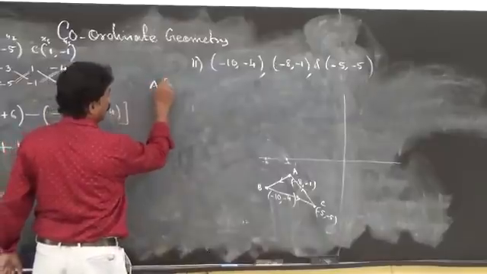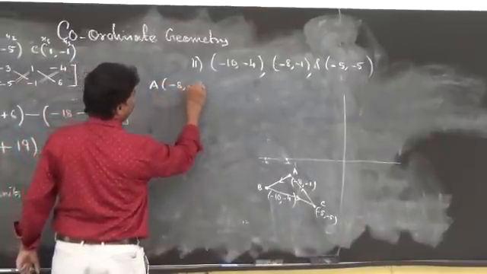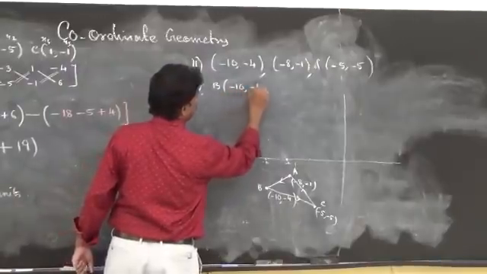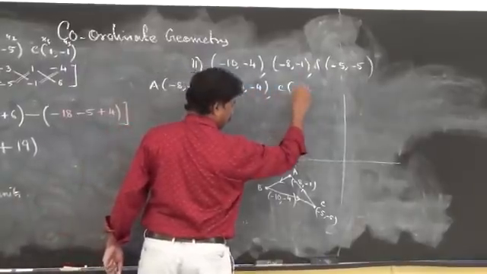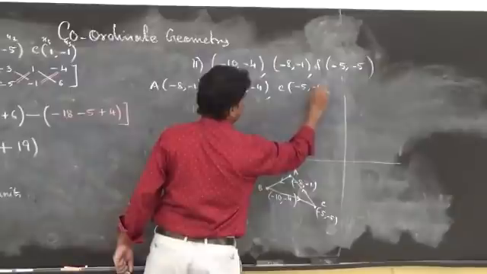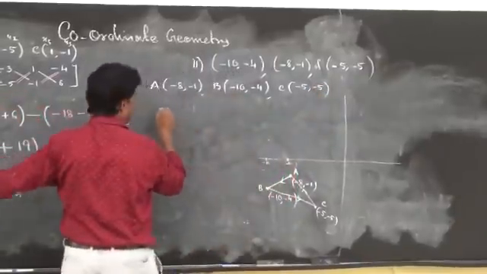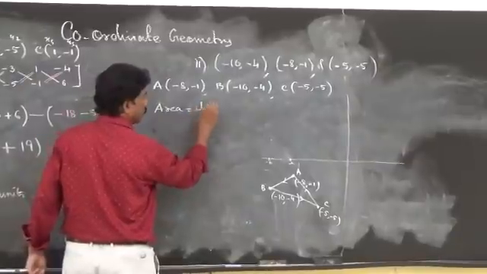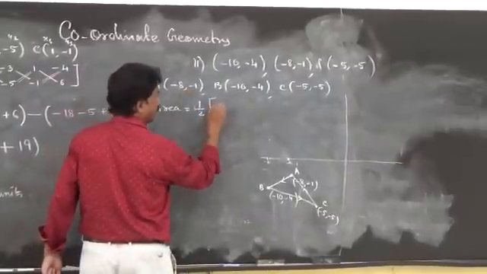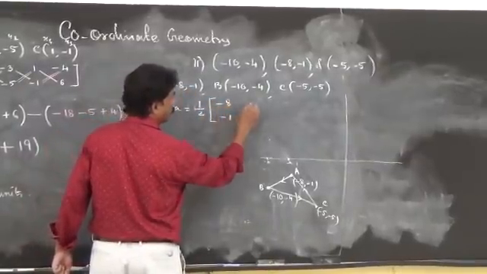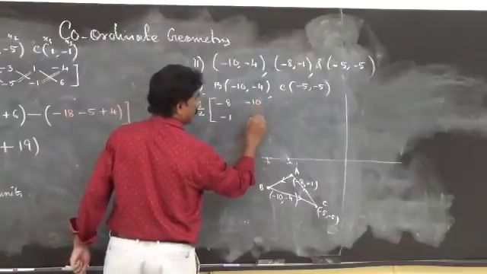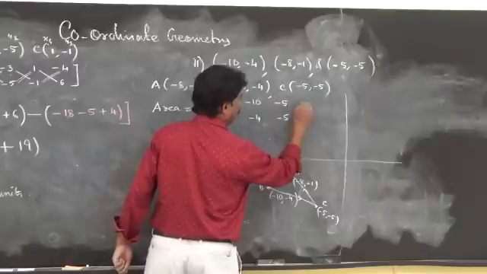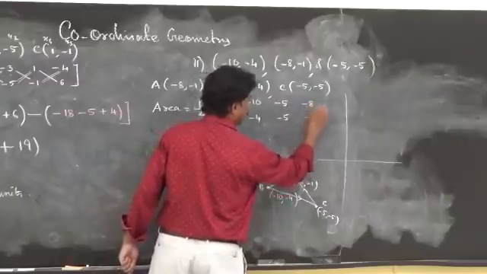A is minus 8 comma minus 1, B is minus 10 comma minus 4, and C is minus 5 comma minus 5. Now apply the formula. What is our area? Area equals 1 by 2, straight away, minus 8 minus 1, minus 10 minus 4, minus 5 minus 5, and once again minus 8 minus 1.